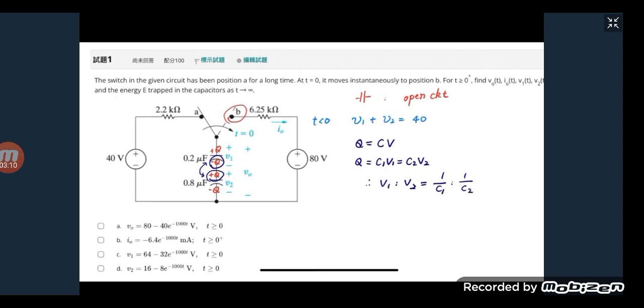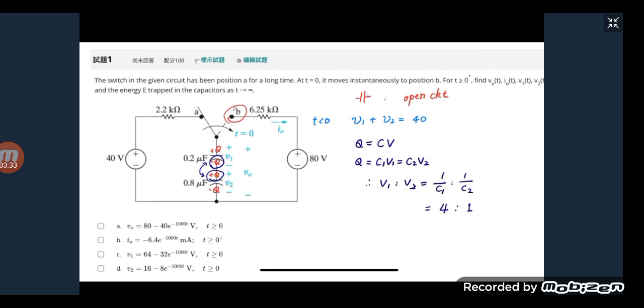Okay, any questions? So here we see that V1 to V2 is 4 to 1. Because the ratio of capacitors is 1, 2, 4. So the inverse is 4 to 1.